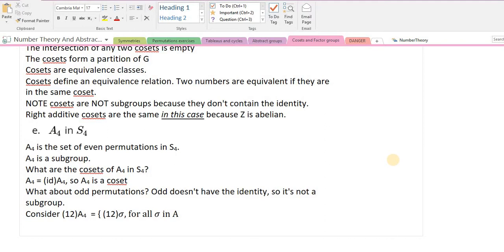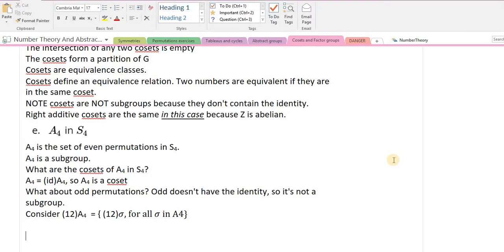Oh shoot, it's not going to work. Okay. All right. So this is another subset of S4.